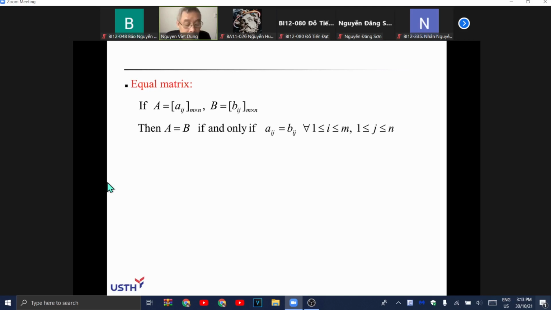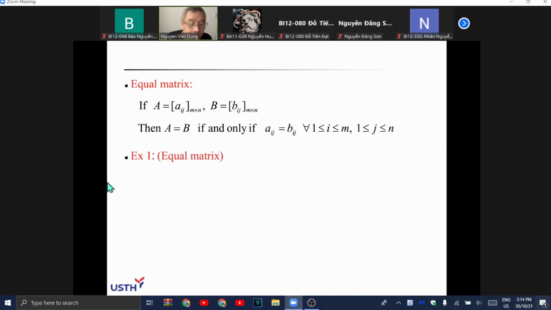But more than that, we require that the corresponding entries are equal to each other. Means we have Aij equals Bij for any i between 1 and m, and for any j between 1 and n. So that is the notion of two matrices which are equal to each other.